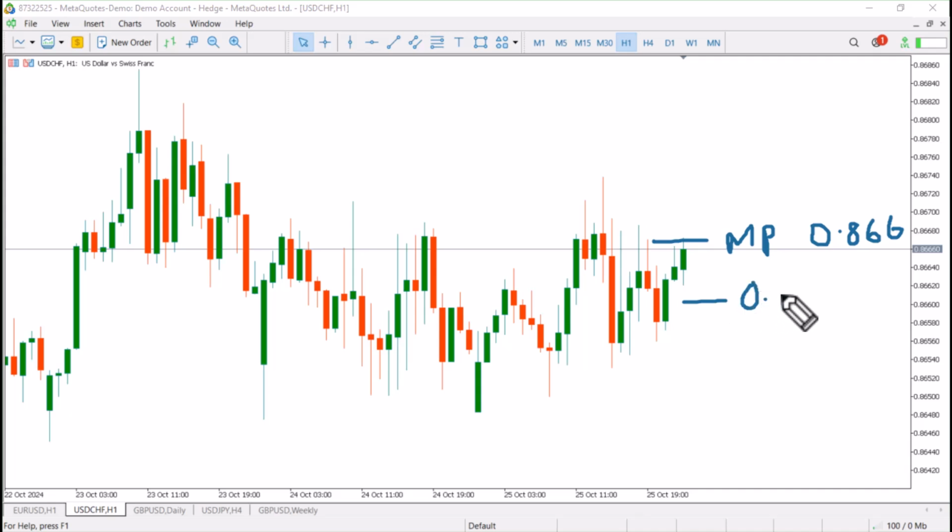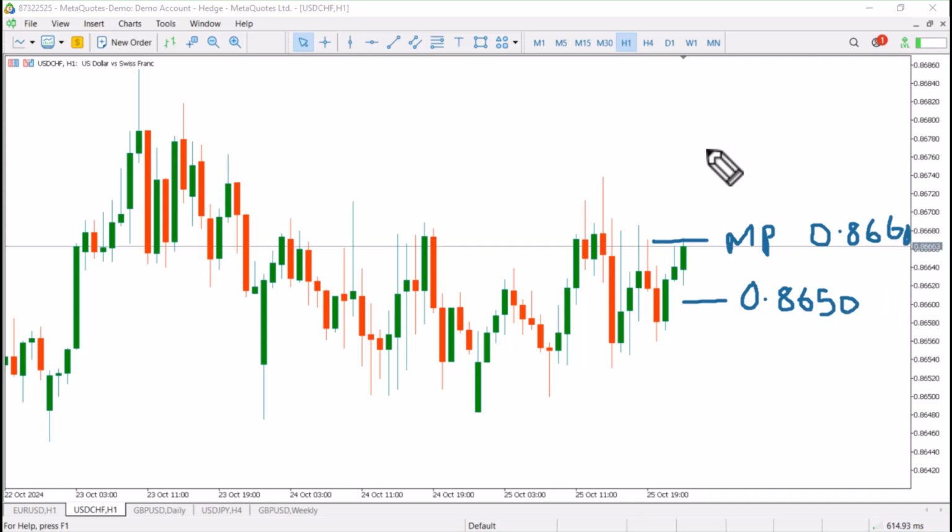Now, let's make it a different focus so I can easily understand. 0.8655. You can see that. So instead of selling at 0.866, we prefer to sell at 0.865. You can put 0, right here.